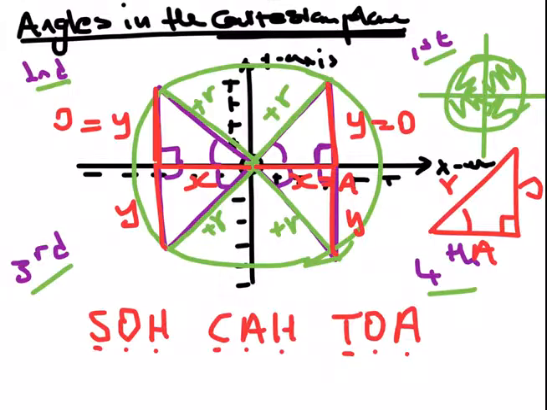So this would be y, r, x, r, then y, x. I will no longer refer to the opposite, hypotenuse, and adjacent, but y, x, and r.